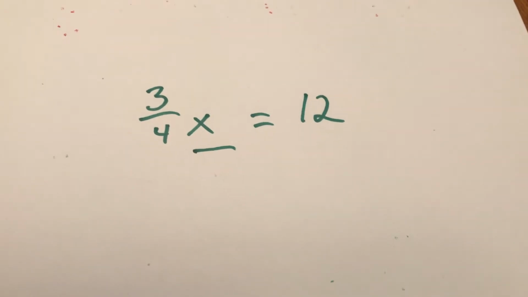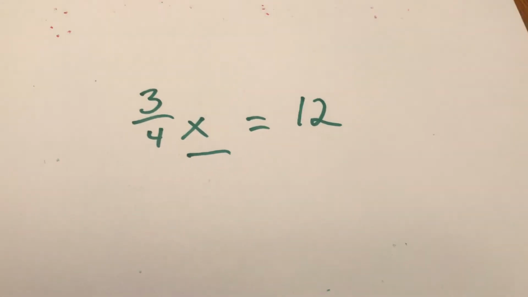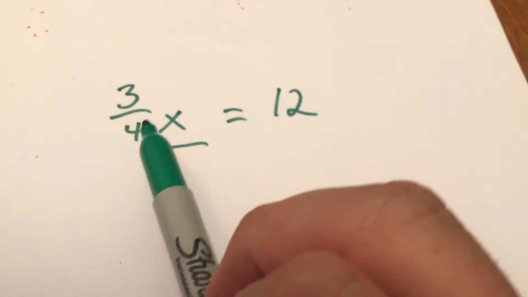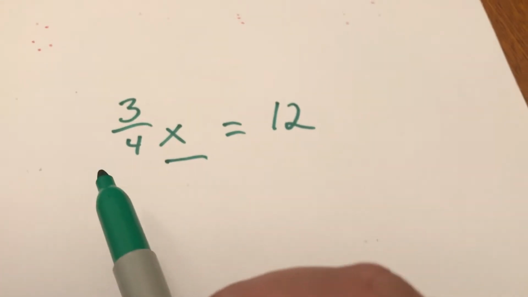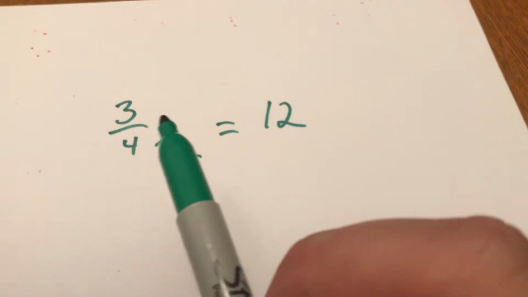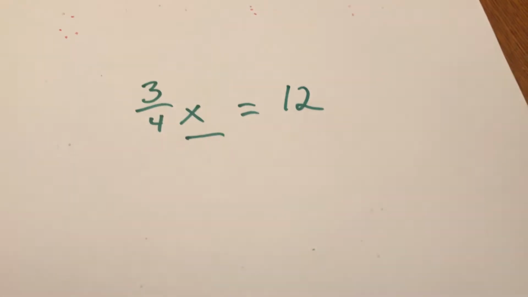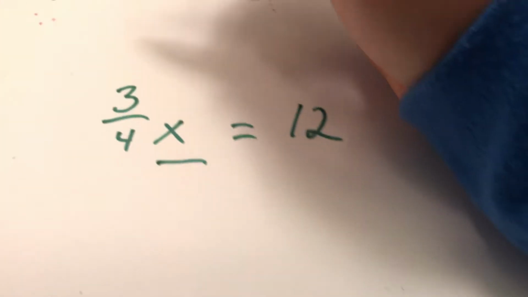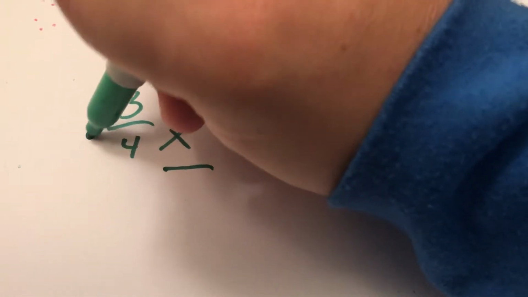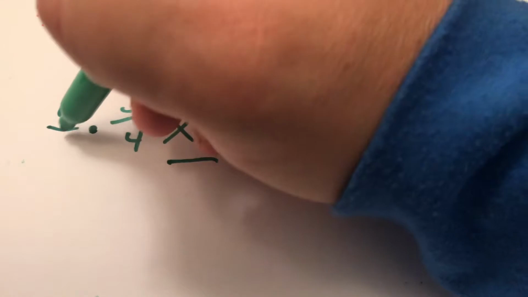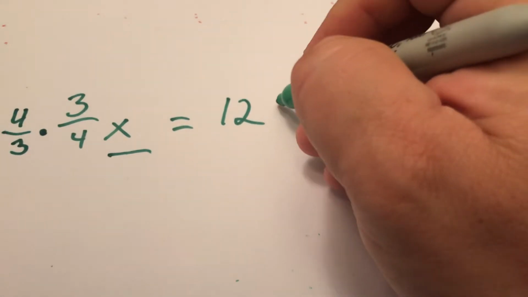To do that, I can't subtract, because this is 3/4 times x. So the inverse is essentially to divide, but one way to divide is to also multiply by the inverse. So I am going to multiply by 4 over 3 on both sides.